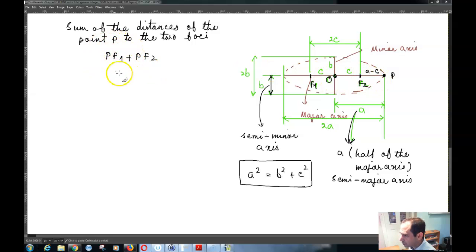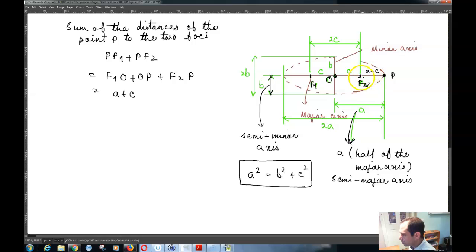Then over here you have F2P, right? Now F1O plus OP is basically this whole distance over here, which is a plus c.